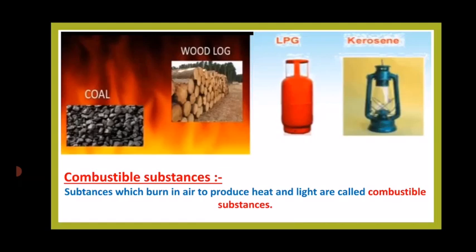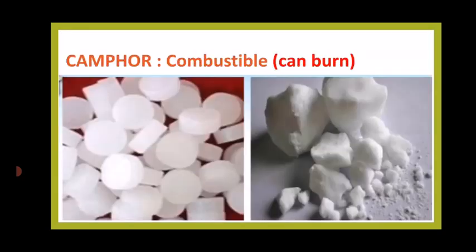What are they called? They are called combustible substances. Combustible substances means substances which can burn in order to produce heat and light. They are called combustible substances. Okay, so this is one extra piece of information for you. Look, camphor.